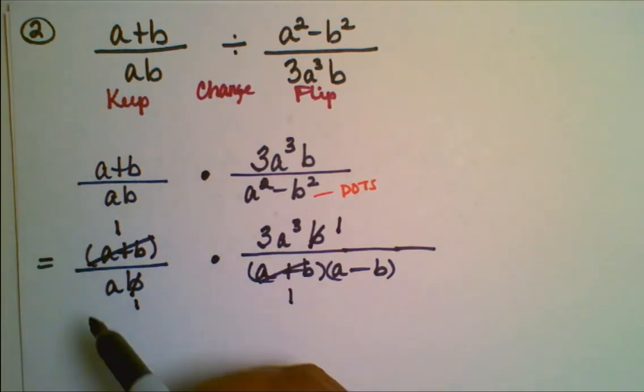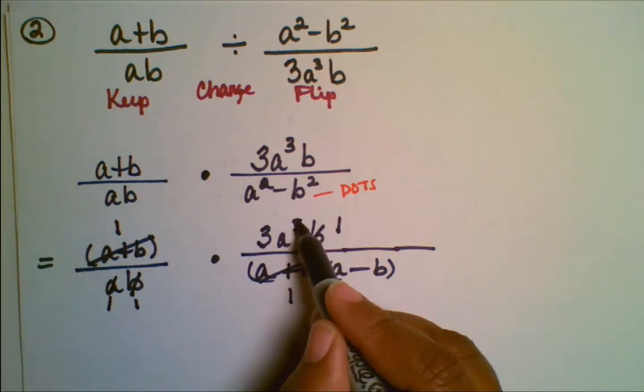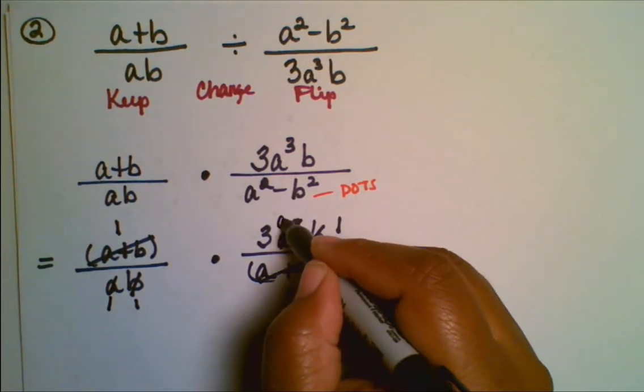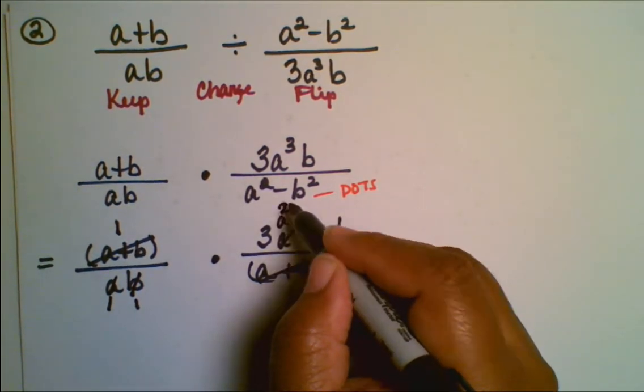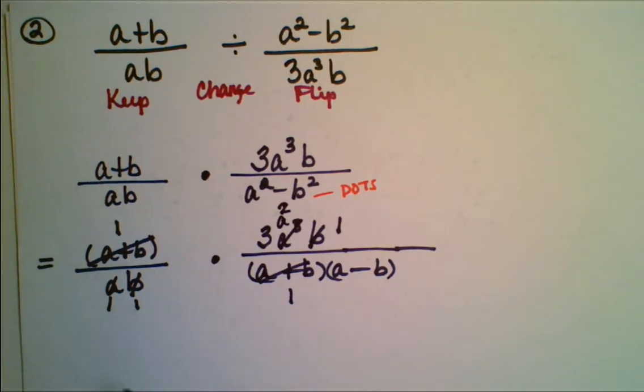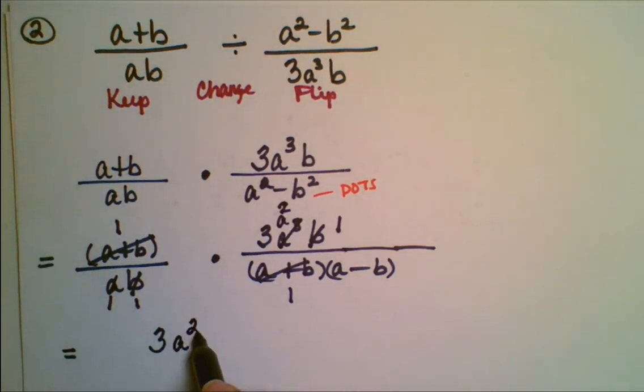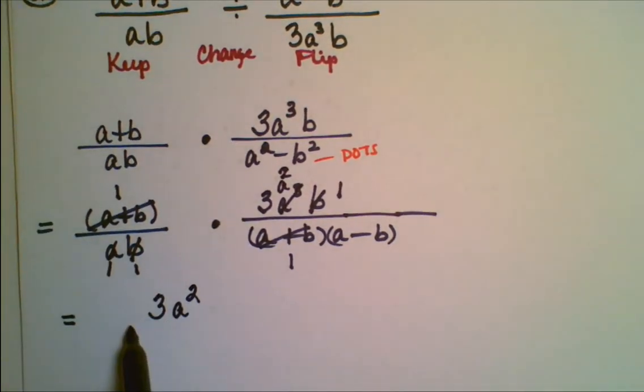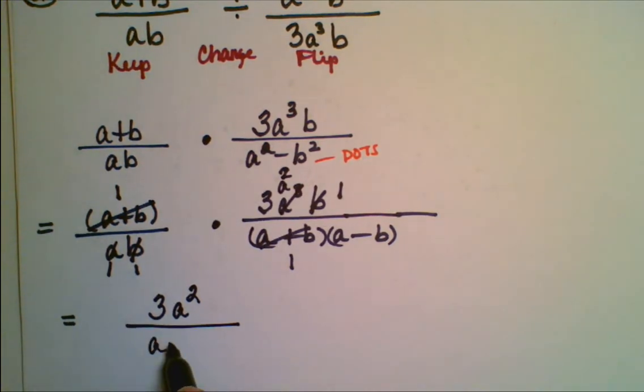Well, we can subtract an a from a cubed. We have a squared. So what we have left in our numerator is 3a squared, all over a minus b.